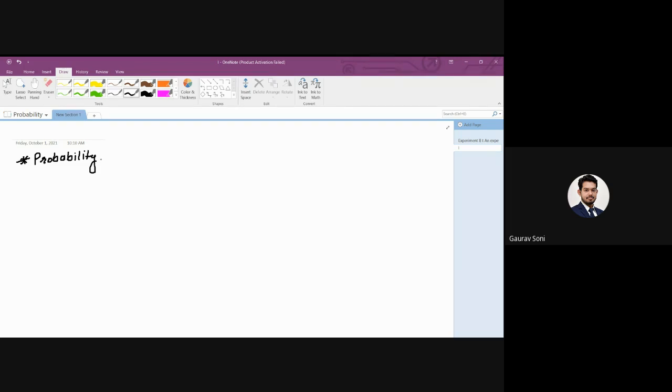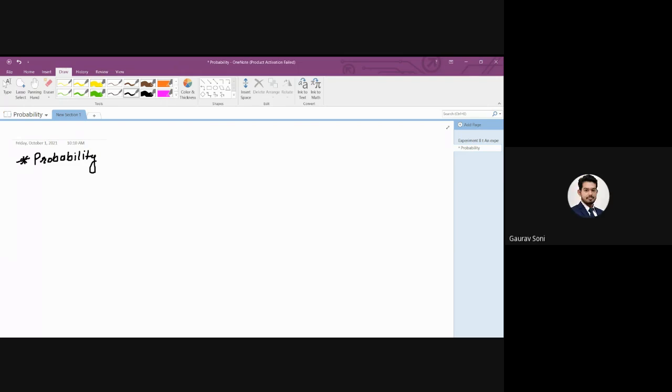Someone said in the previous lecture that it is the number of elements belonging to a certain event A upon the total number of elements in the sample space. Formula-wise, P of A is equal to N of A upon N of S, where N of S is the total events. Yes, so number of favorable outcomes upon number of total outcomes.